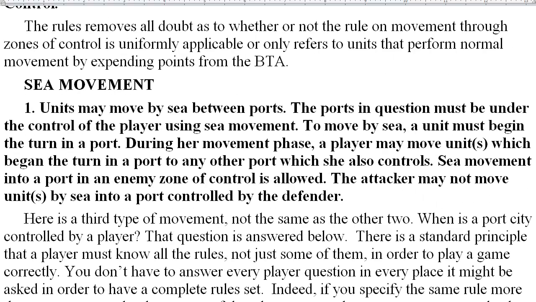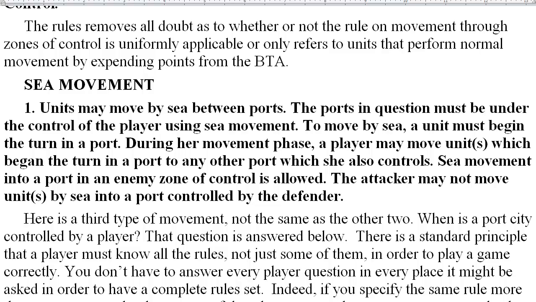We now advance to an additional rule, sea movement. Careful examination of the map will show a series of cities and towns that are marked with little anchors. The anchors indicate that the units are ports. To do sea movement, a unit must start its turn in a port.